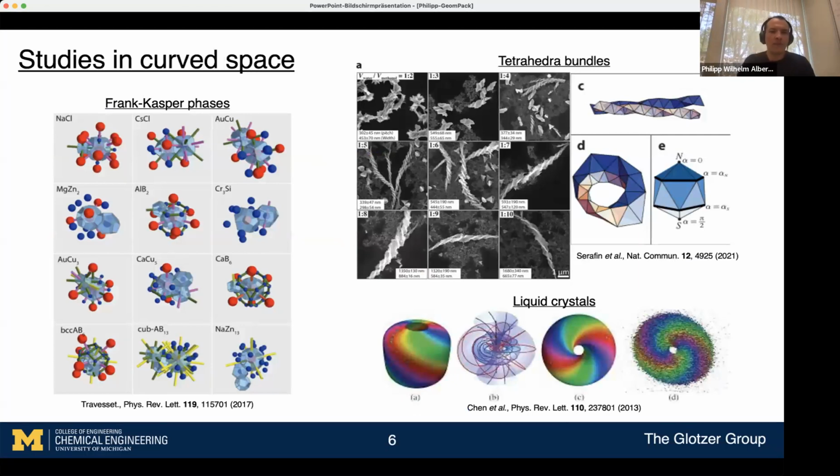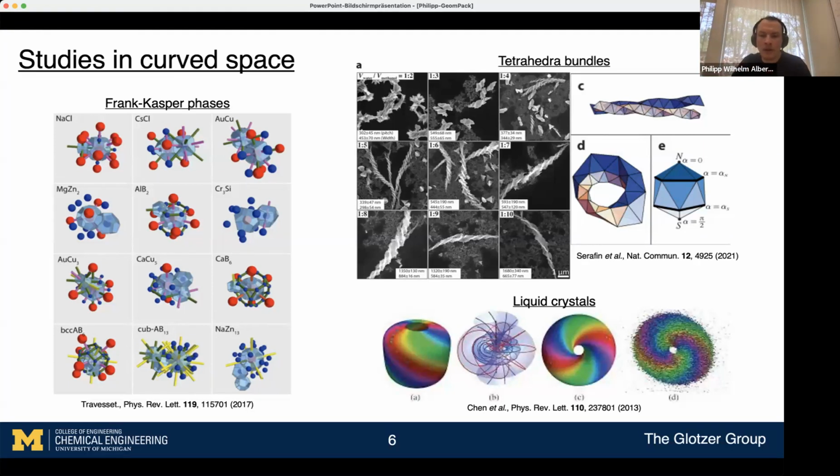So for example, Alex Travesset looked at Frank-Kasper phases, and he already noticed some sort of relation between the Frank-Kasper phases and the local environments in curved crystals, or for example, the formation of tetrahelices can be traced back to some sort of curved crystal.